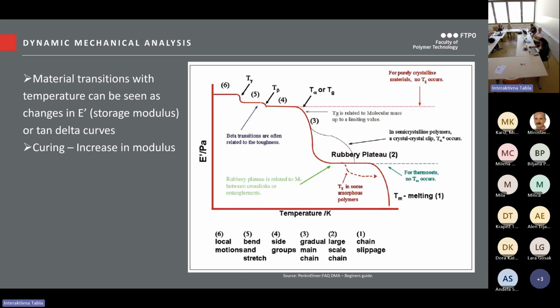Besides the temperature transitions, we can also study curing processes via DMA. The curing would be seen as an increase in storage modulus.